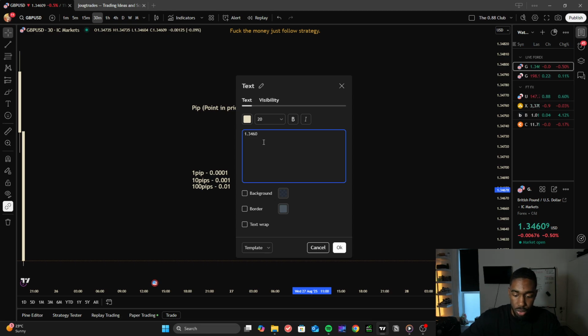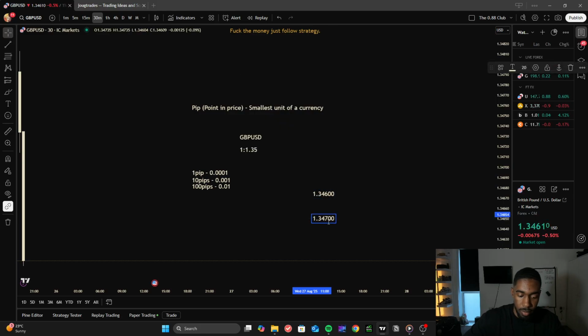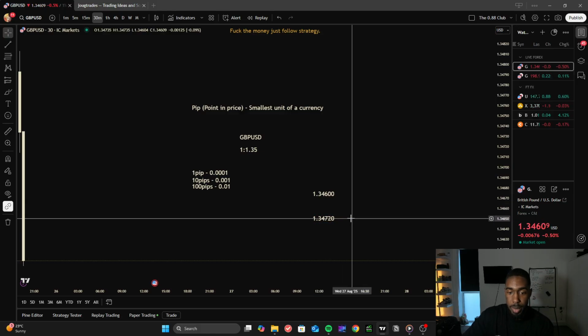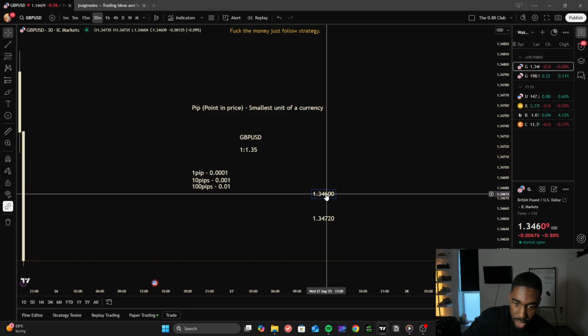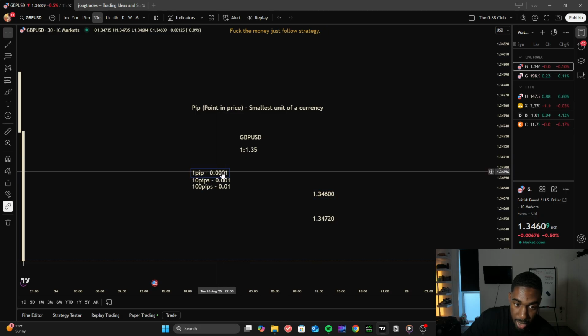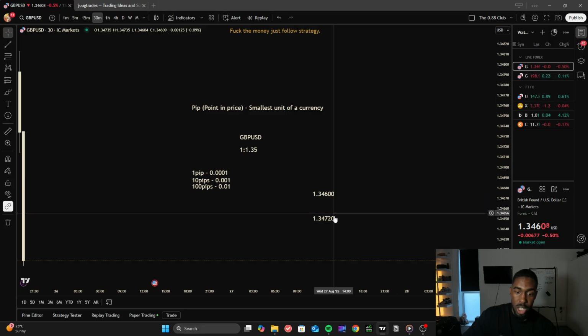Sorry, that's the original. What if it increased to this? This is 12 pips. Why? Because this increased by 1, which is 10 pips. This increased by 2, which is equal to 2 pips. 10 plus 2 is 12. It increased by 12 pips.